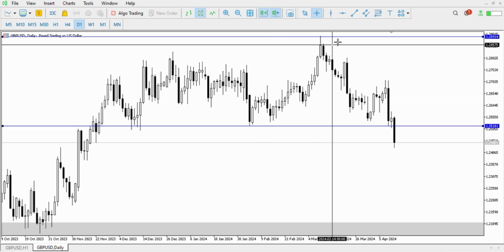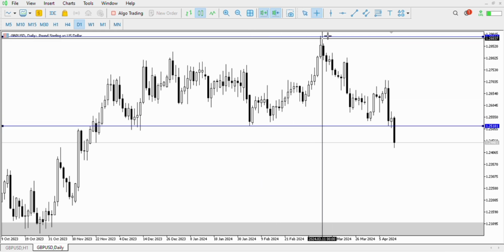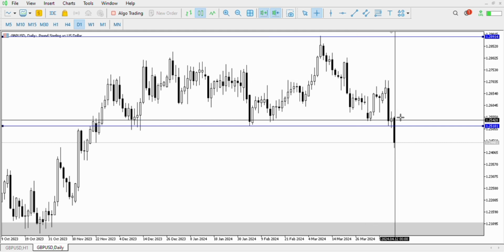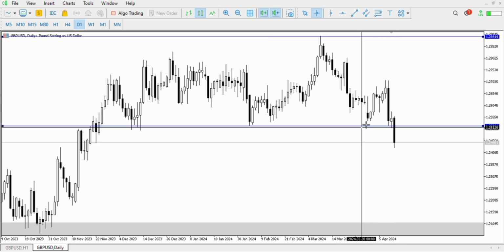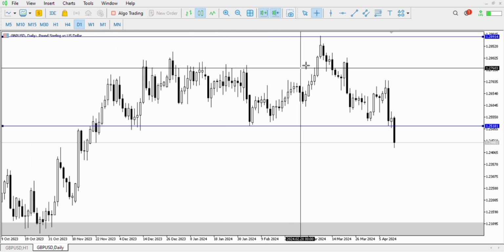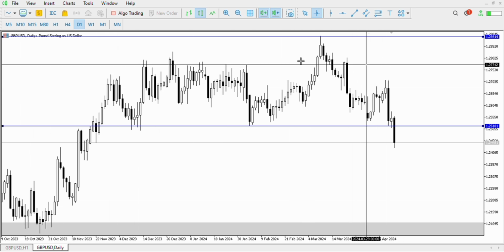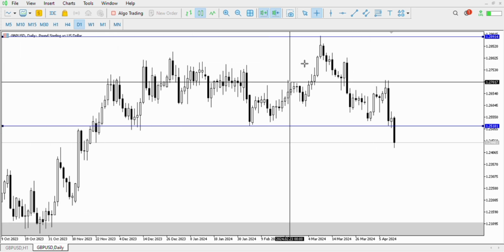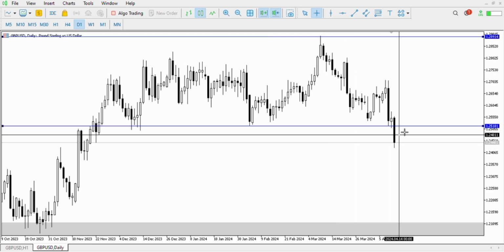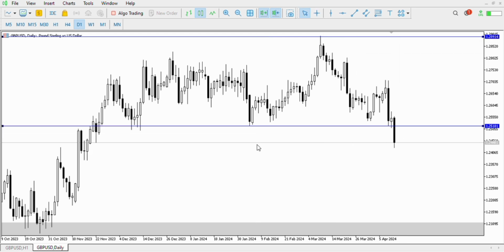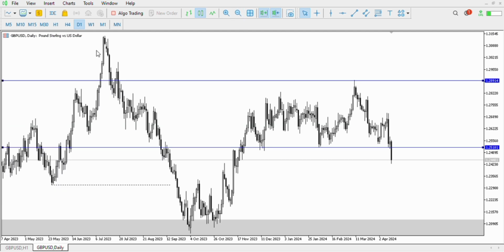But now look carefully. What is price doing currently? Price traded all the way down, and we had a full candle below this low. Do you know what that means? This means that we were having an uptrend right here. However, now we have a transition from an uptrend to what? A downtrend. Now, if the weekly is giving us a bullish perspective, let me take this a little bit so I can show you the weekly time frame.